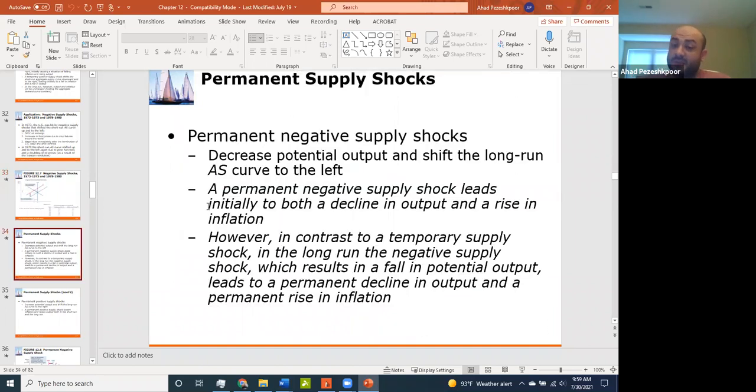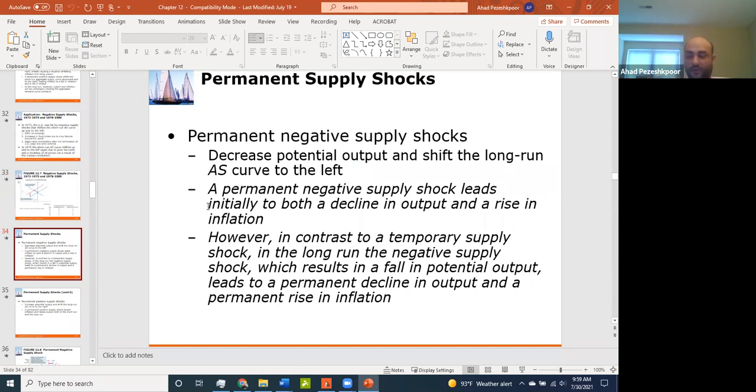A permanent negative supply shock is even worse because it will decrease potential output. It just decreases the capacity of the economy. It could be something like the Paris Agreement.